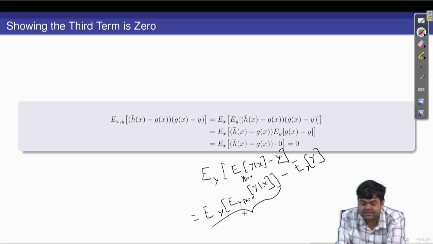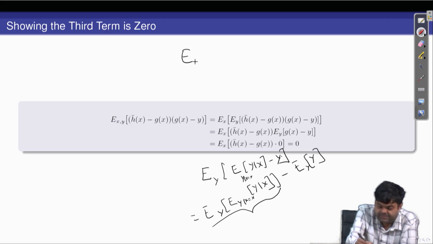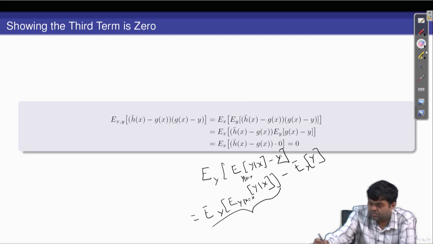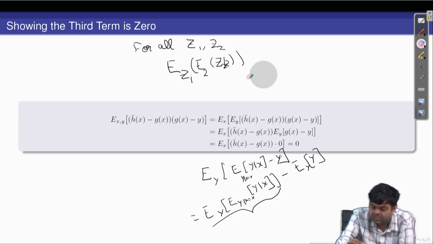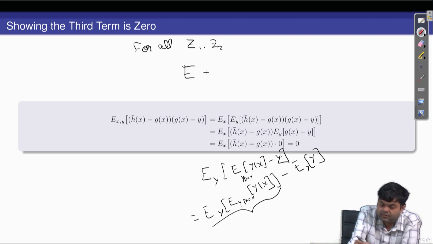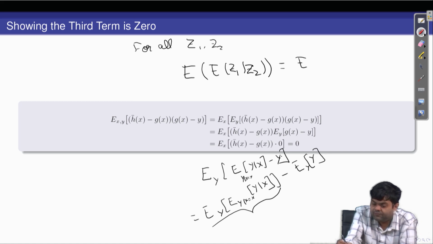But what is this? The law of iterated expectation says that for all random variables z1, z2, the expected value with respect to z2 of the expected value of z1 taken conditional on z2 is the expected value of z1.